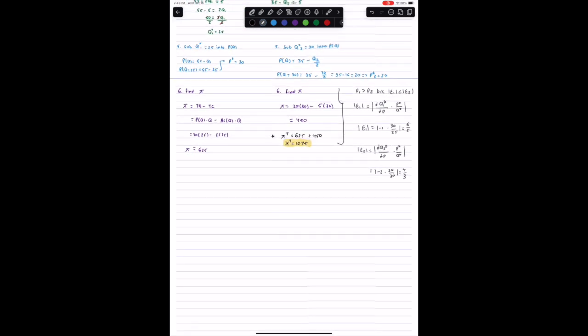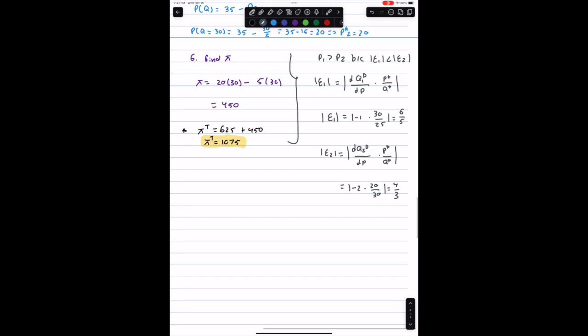And we know that if we did our calculations, 4 over 3 is bigger than 6 over 5. So therefore, we can confidently say that the price of 1 is greater than the price of 2 because the elasticity of 1 is less than the elasticity of 2.